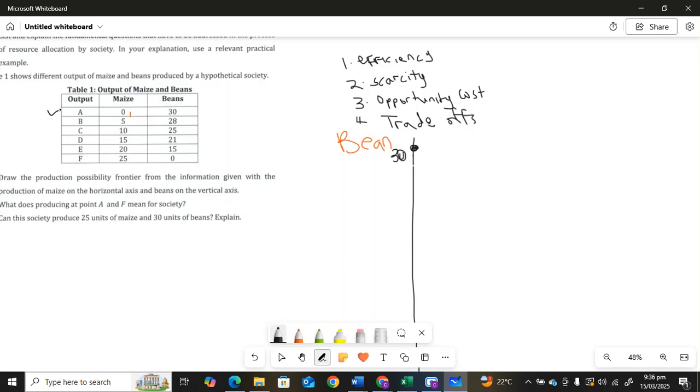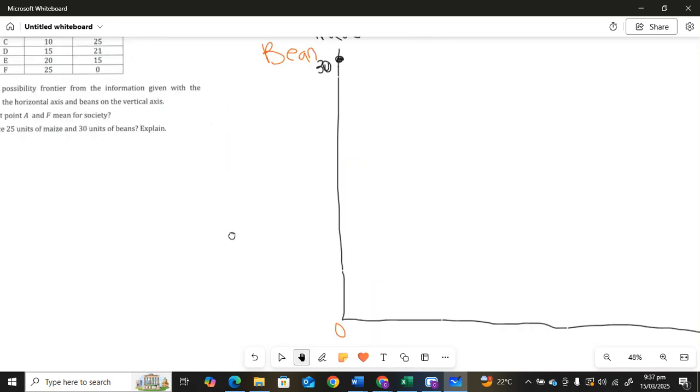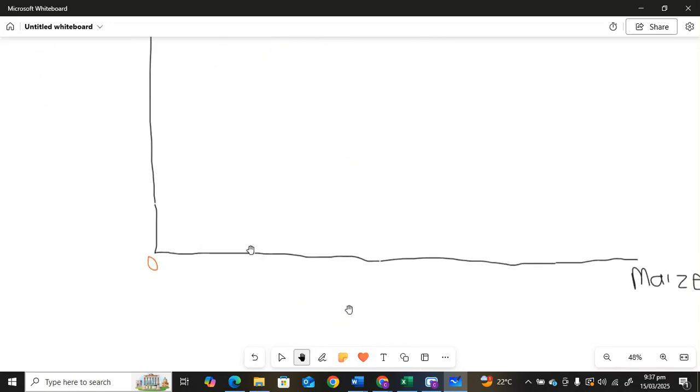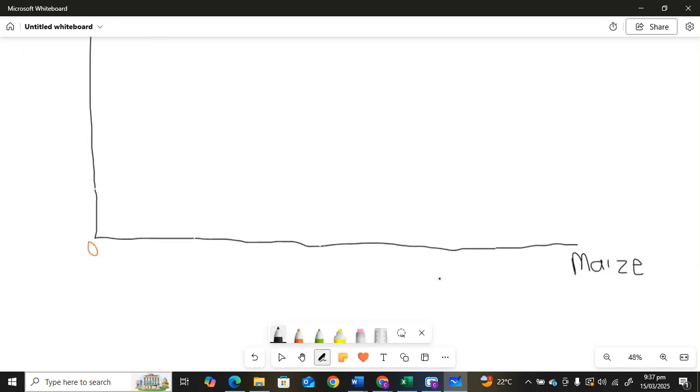You look at the first point. Then you also come to the last point, where you're producing 25 units of maize and 0 units of beans. So if you're producing 0 units of beans, then on the horizontal axis, your point is here, 25 units of maize.